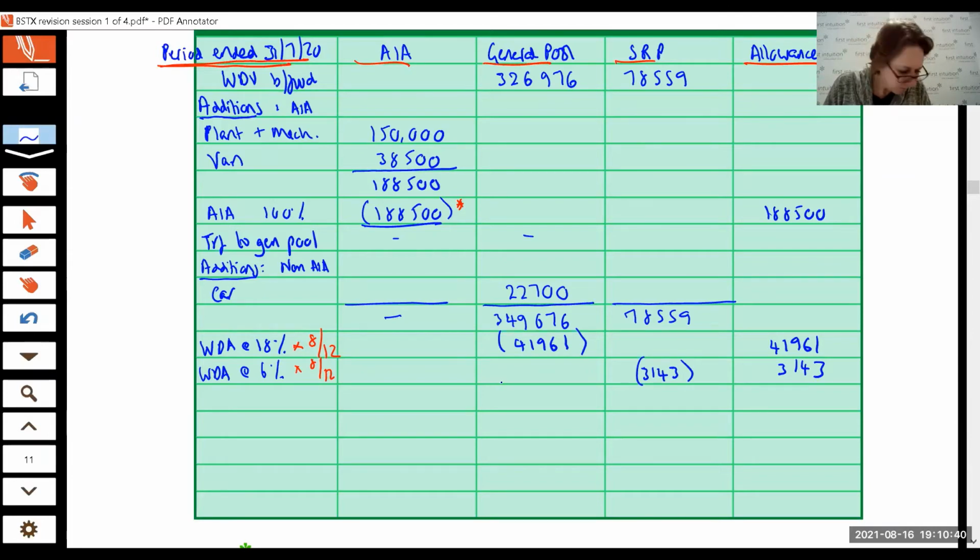Right. So we can subtotal now our two pools. Subtotal each of those columns.